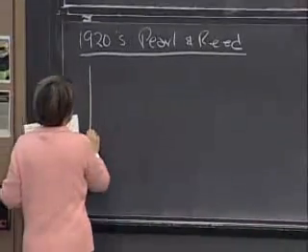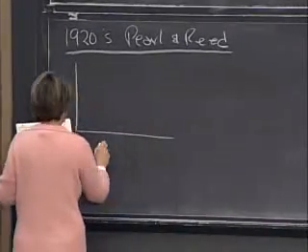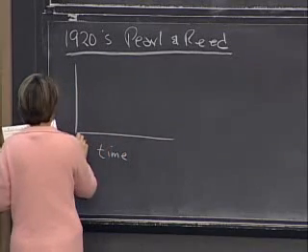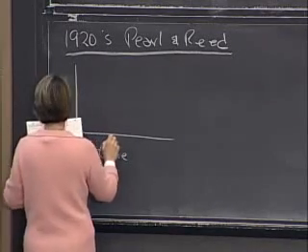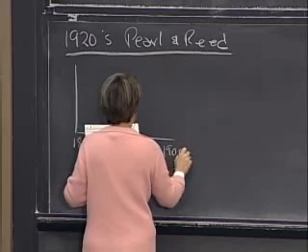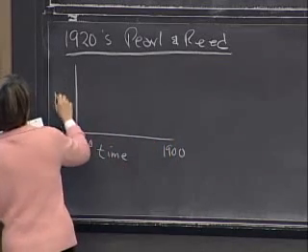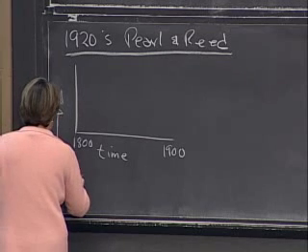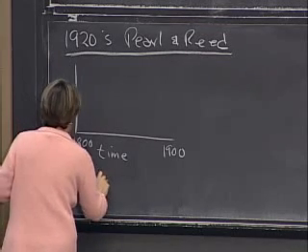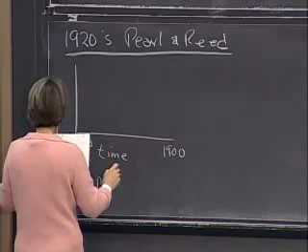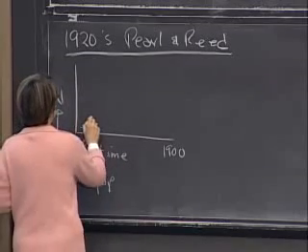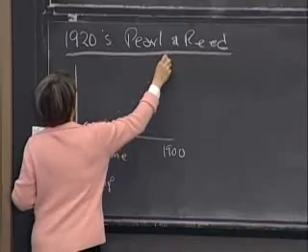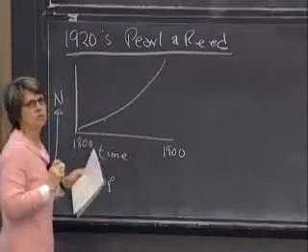Although, if they plotted as a function of time, and this is humans in the US from 1800 to 1900, and this is the human population size, they got something that looked like this. So it kind of looked like exponential growth.